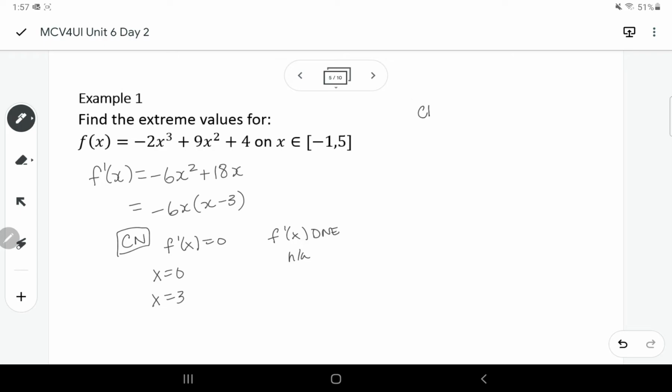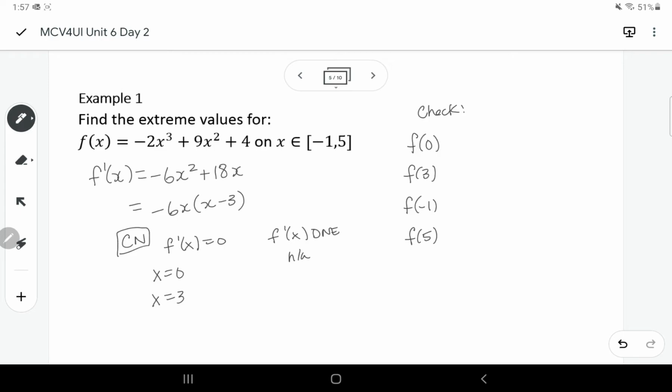So then we're going to check, and note that you're going back into checking the original function. So I'm going to check f at 0, f at 3, but also the endpoints, f at negative 1 and f at 5.